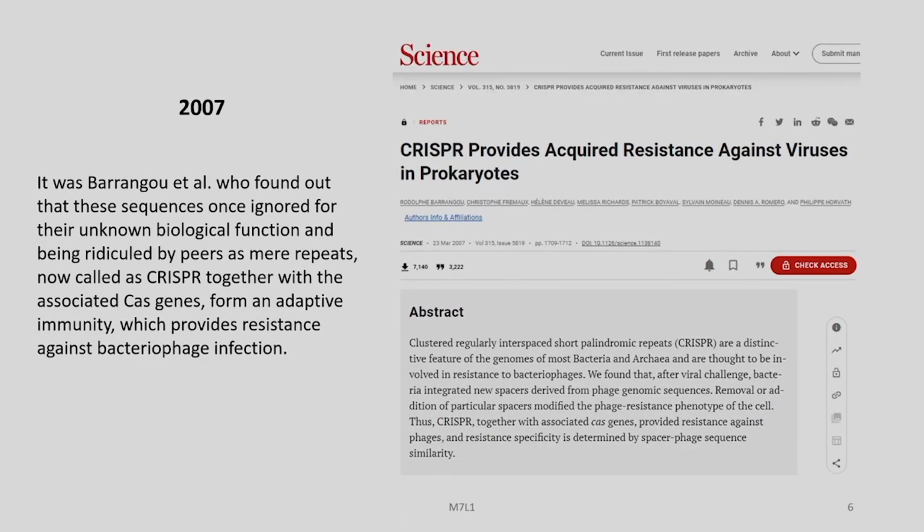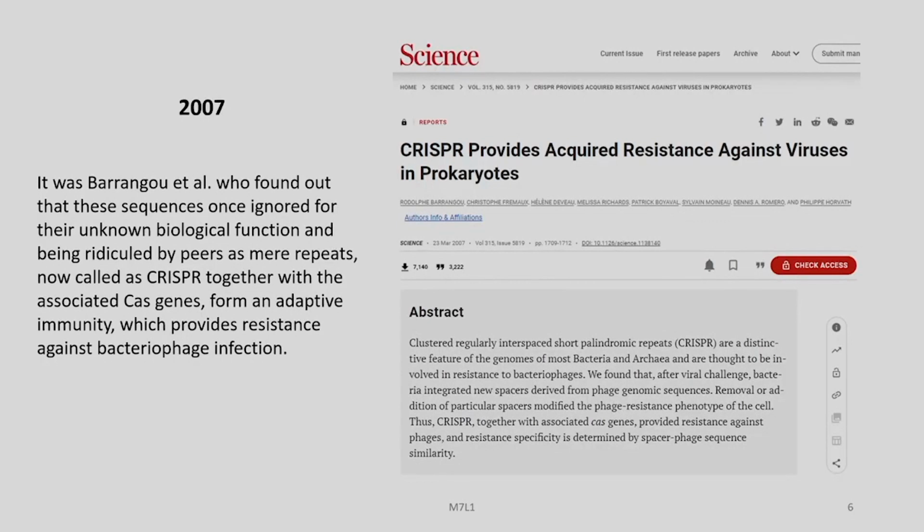Let us go to the year 2007, when Barrangou et al. found out that these sequences, which were once ignored for their unknown biological functions and ridiculed by peers as mere repeats, now named CRISPR, together with associated Cas genes, form an adaptive immunity which provides resistance against bacteriophage infection.